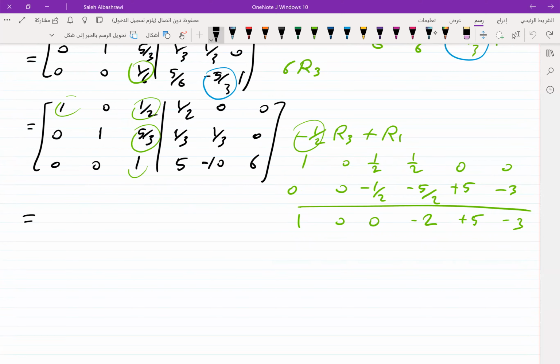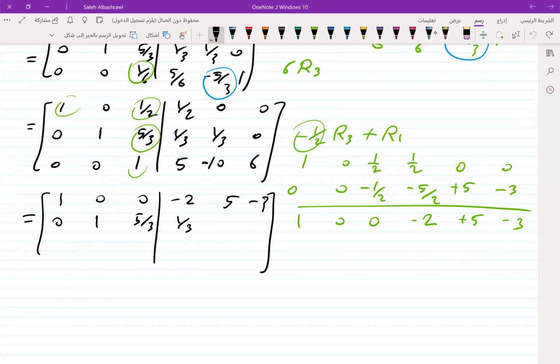So I will have the first row as 1, 0, 0, minus 2, 5, minus 3. Second row, as it is, 0, 1, 5/3, 1/3, 1/3, 0, 0, 0, 1, 5, minus 10, and 6.